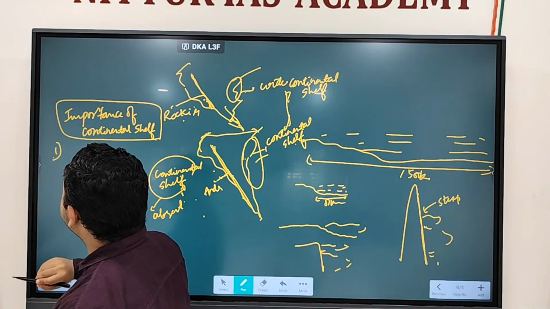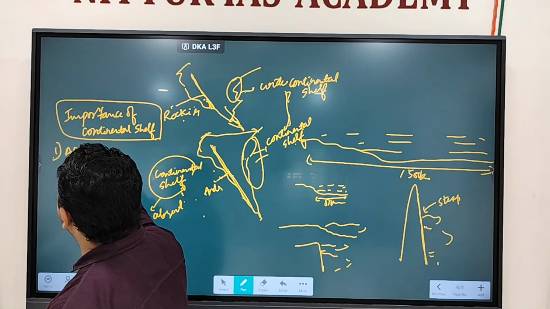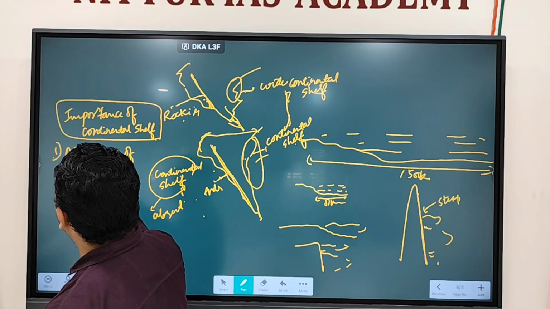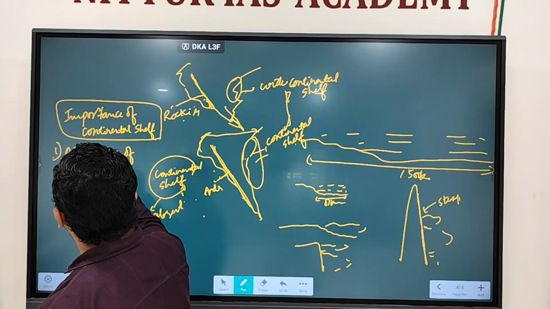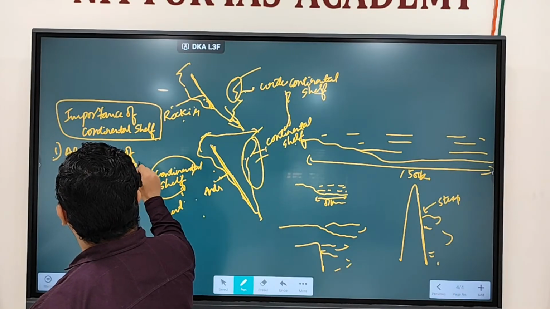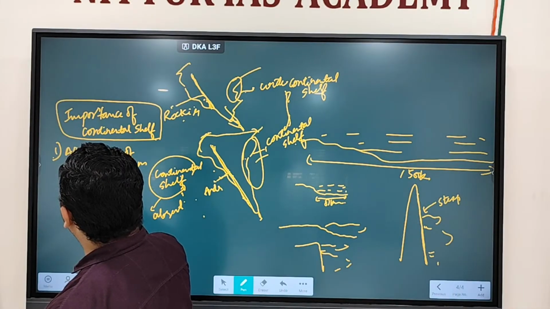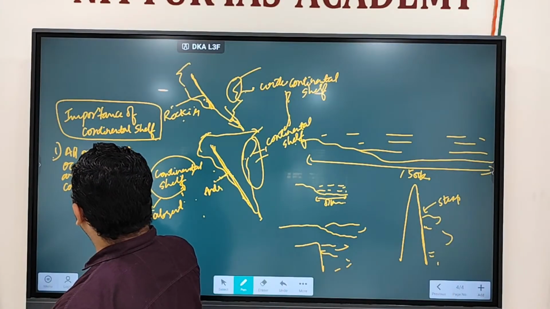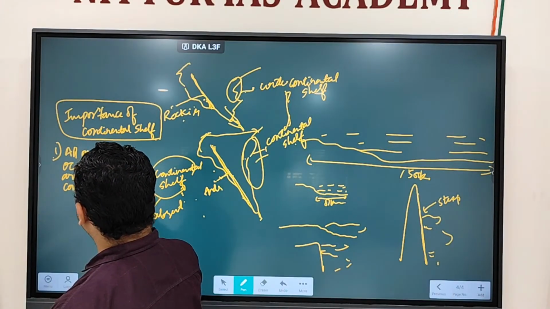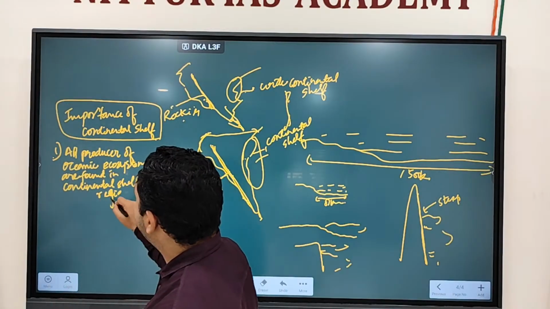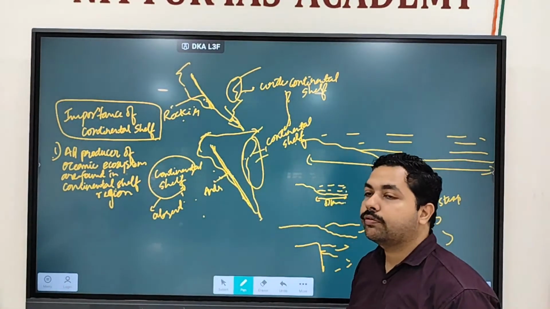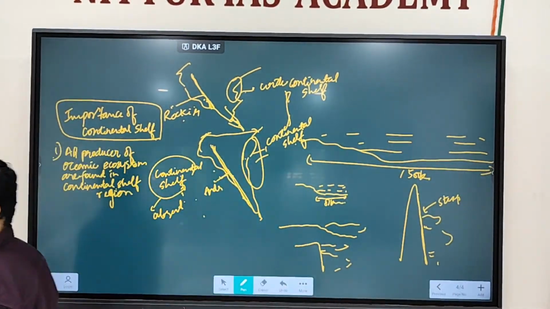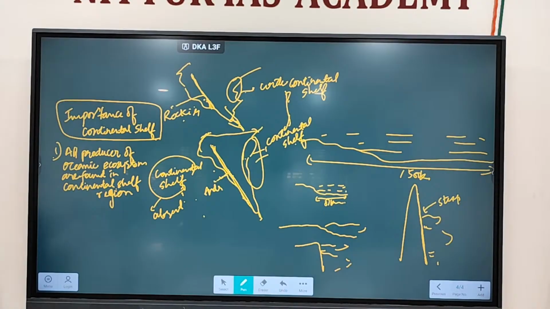One very important point is that all producers of the oceanic ecosystem are found in the continental shelf region. Fine. All producers of the oceanic ecosystem are found in which region? They are found in the continental shelf region. Clear?